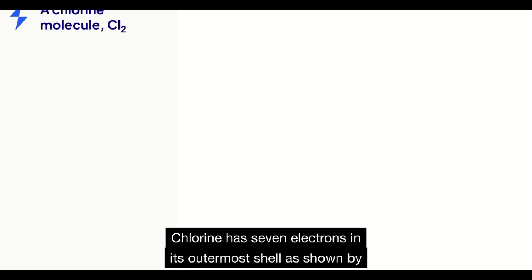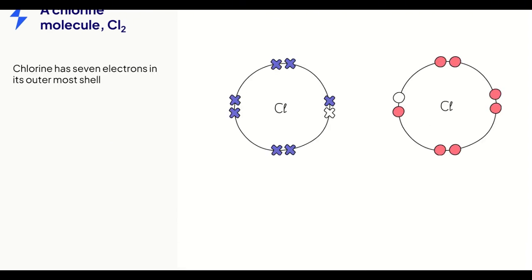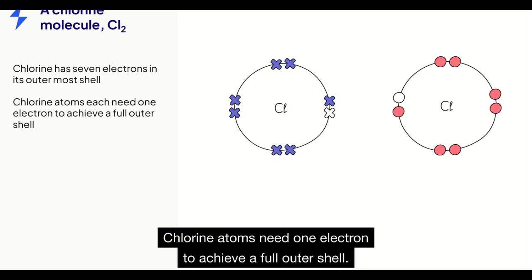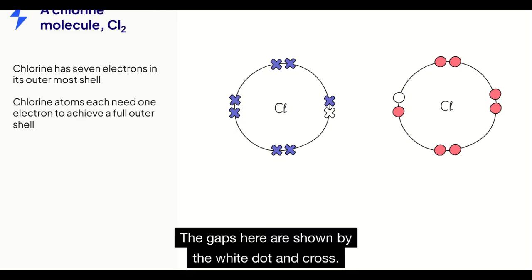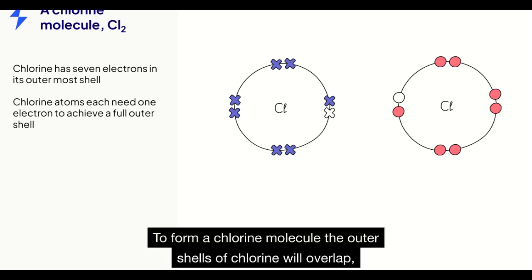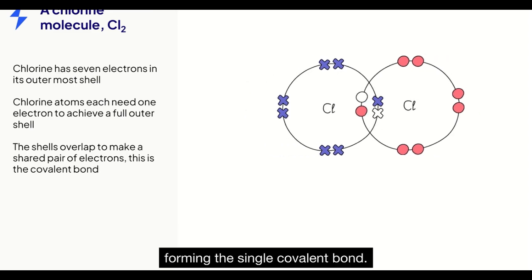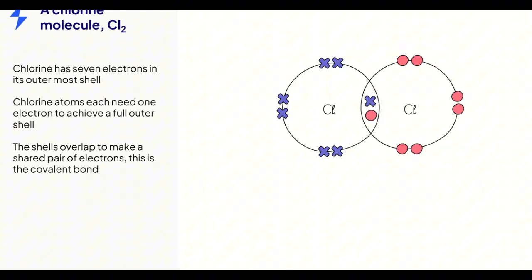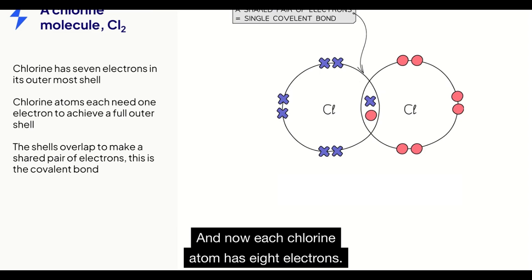Chlorine has 7 electrons in its outermost shell, as shown by the red dots and blue crosses. Chlorine atoms need 1 electron to achieve a full outer shell. The gaps here are shown by the white dot and cross. To form a chlorine molecule, the outer shells of chlorine will overlap, forming the single covalent bond, and now each chlorine atom has 8 electrons.